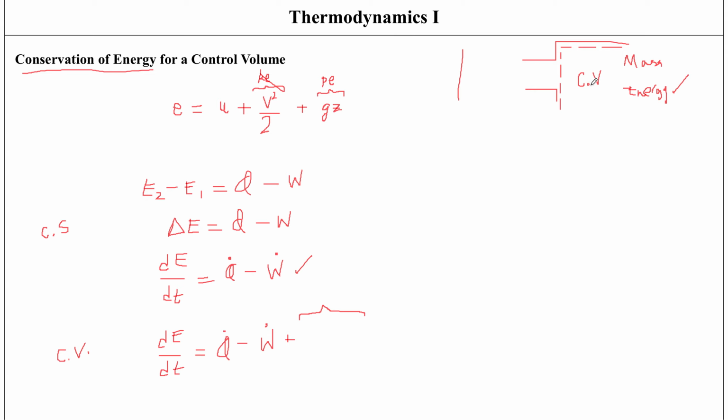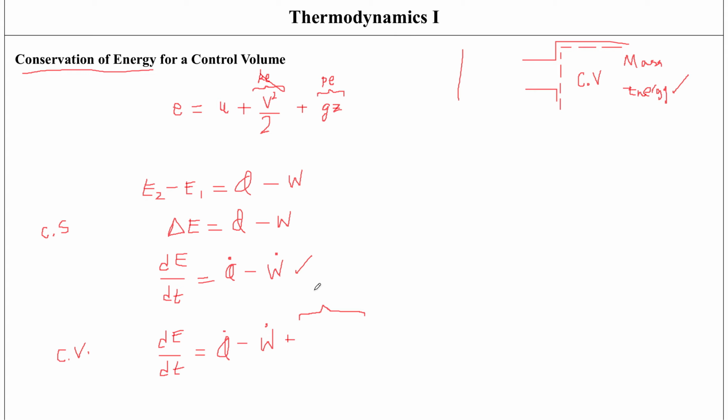When we say mass changes, what we mean is that there's going to be incoming mass and outgoing or exiting mass. So we have to account for the energy changes that take place for the incoming mass plus or minus the energy changes that take place because of the outgoing mass.